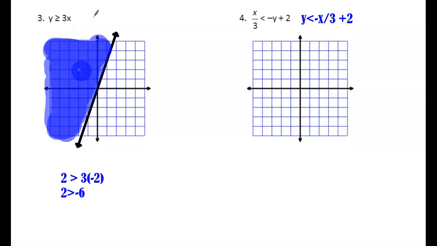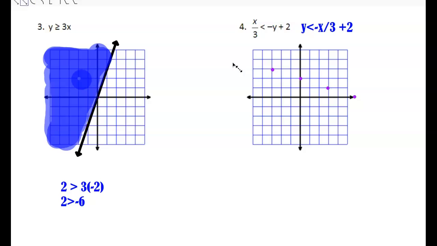So I'm going to start my graph by plotting my y-intercept, which is at 2. And I'm going to apply my slope, which is down 1 and over 3. So kind of run off the board here, go up 1 and left 3. It's y less than, therefore my line is dashed.